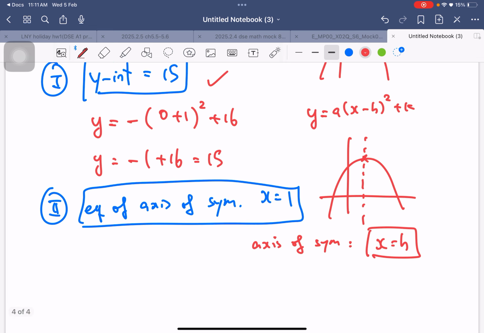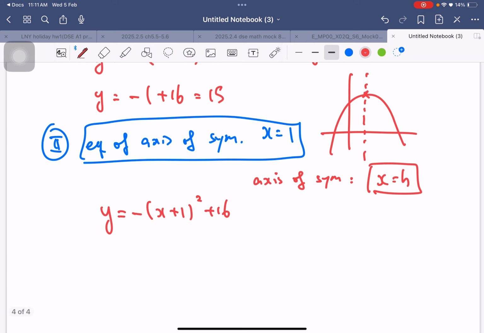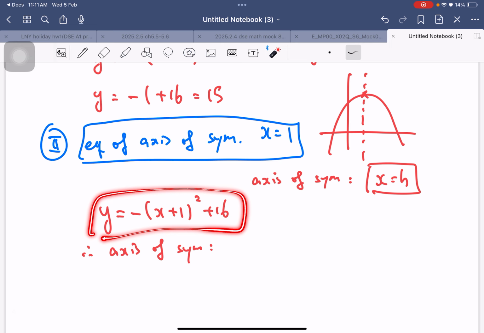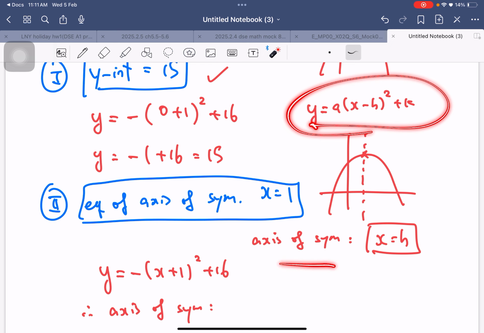So from this equation, we have y equal to negative (x plus 1) squared plus 16. So what's the axis of symmetry this time? If we have the equation in vertex form, then the axis of symmetry is x equal to h.